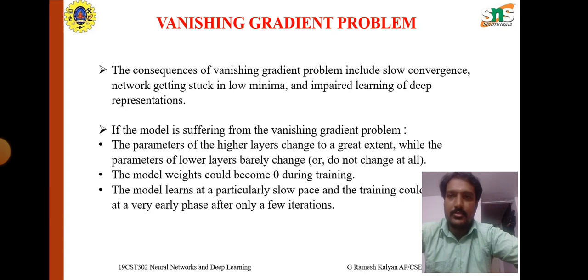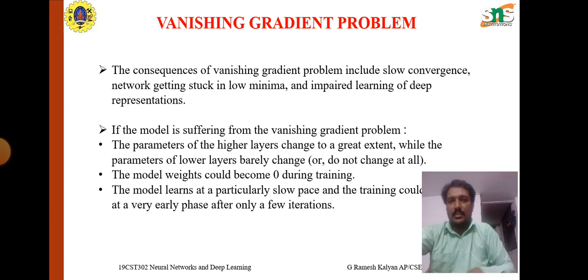If the model is suffering from vanishing gradient problem, it has the following conditions. The first condition is that the parameters of its higher layers change to a great extent, while the parameters of its lower layers barely change or do not change at all.